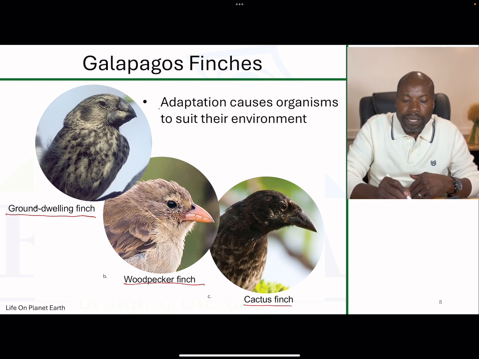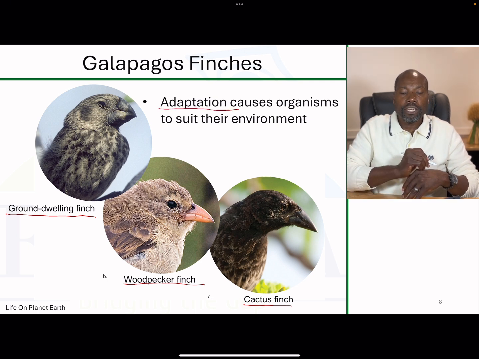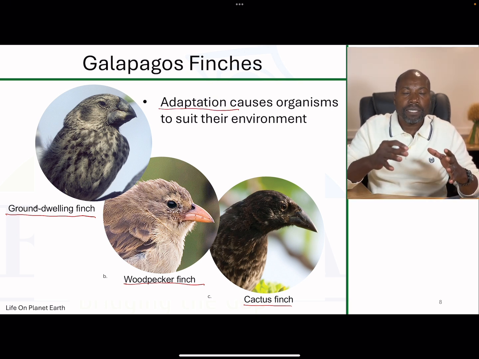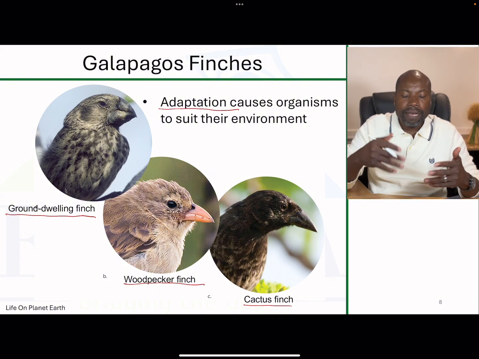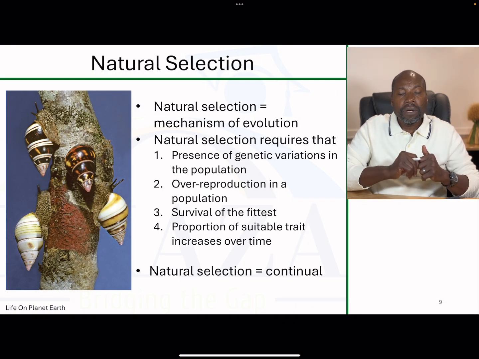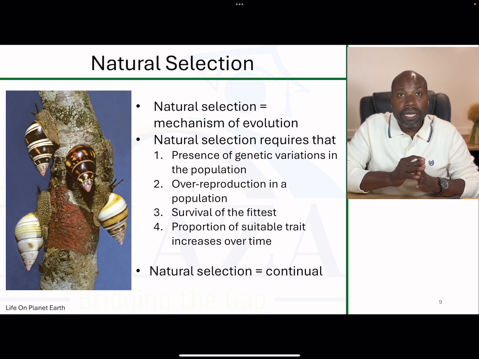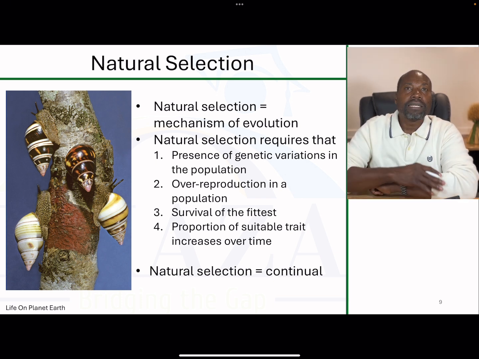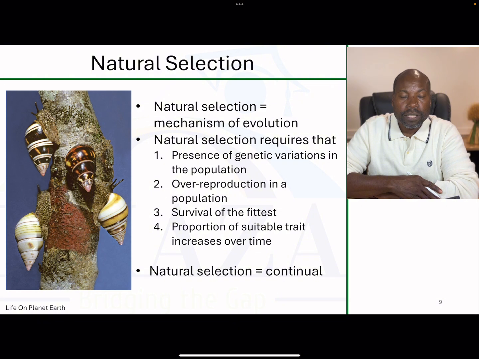This organism adapted to their environment to be able to thrive and leave behind offspring. Now, what is the proof that natural selection is the motor of evolution?